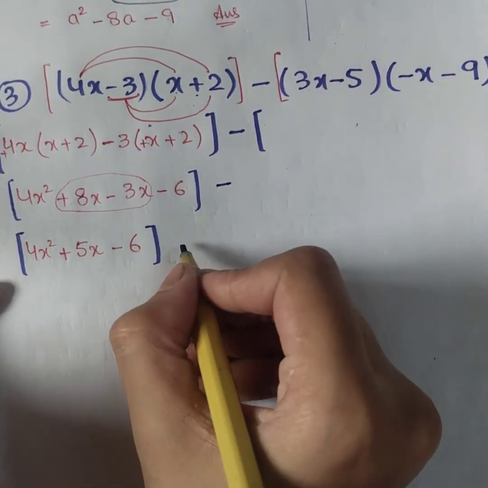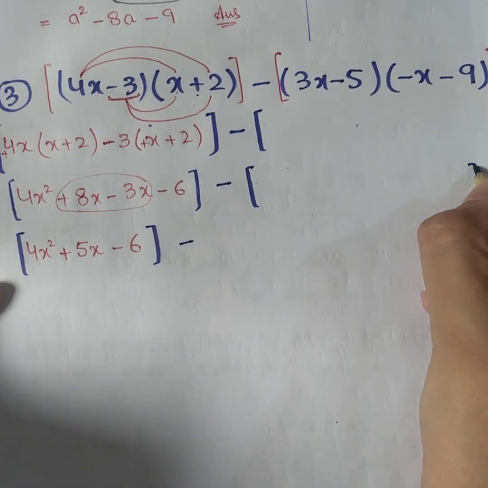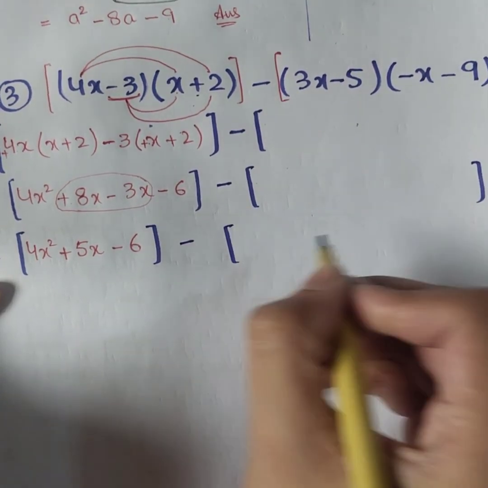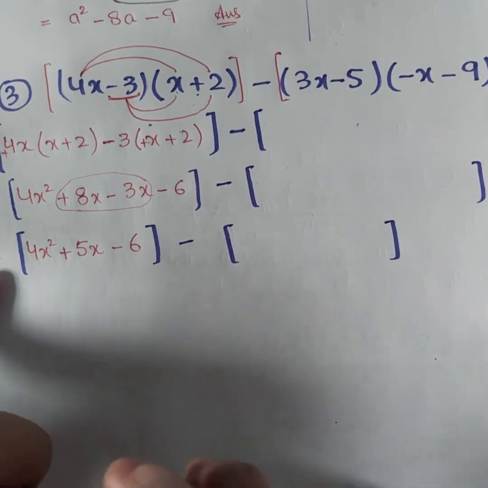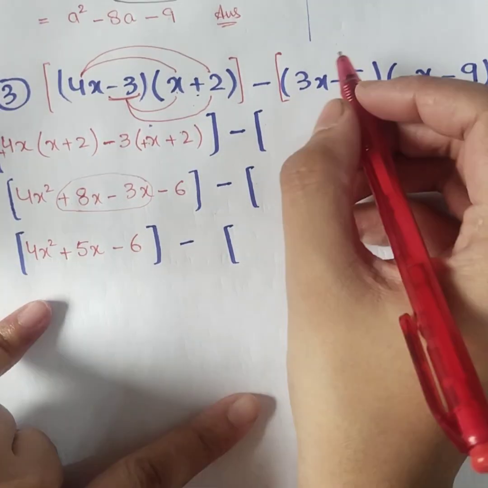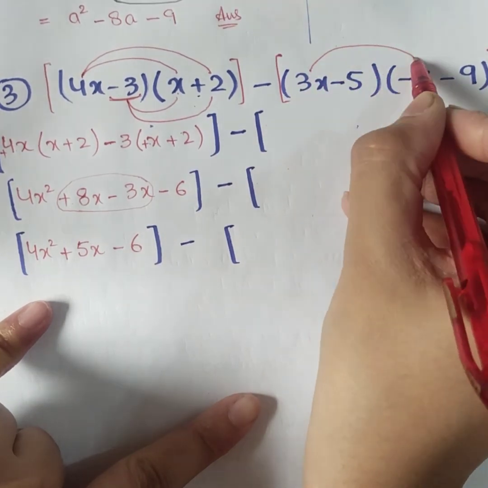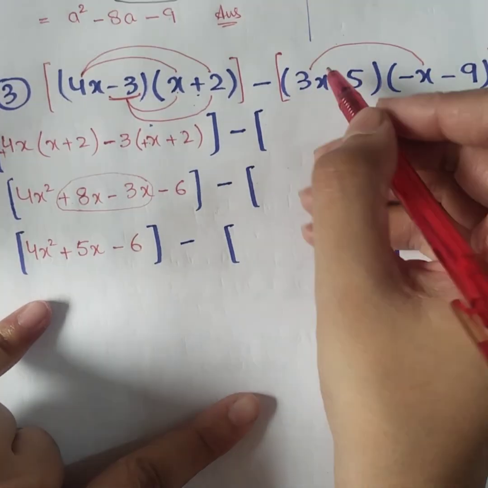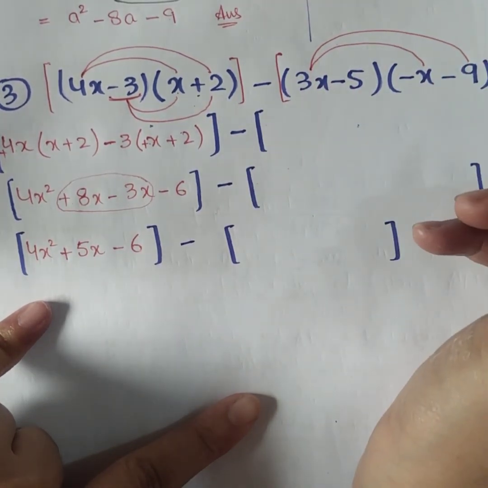Here is minus, and here when we solve it, here also becomes a square bracket, here also becomes the value in the square bracket. So now it's time to multiply these two terms. How will we multiply? We multiply the first term of the first bracket with the first term of the second bracket, and the first term of the bracket with the second term of the second bracket.